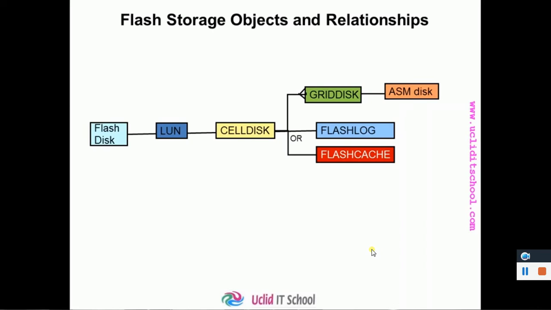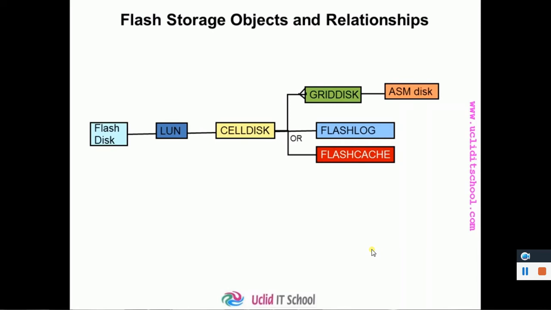That means you will not have any grid disks based on the flash storage. You will have grid disks based on the hard disk only. But anytime you can drop the flash cache and flash log and use the flash storage to create grid disks.